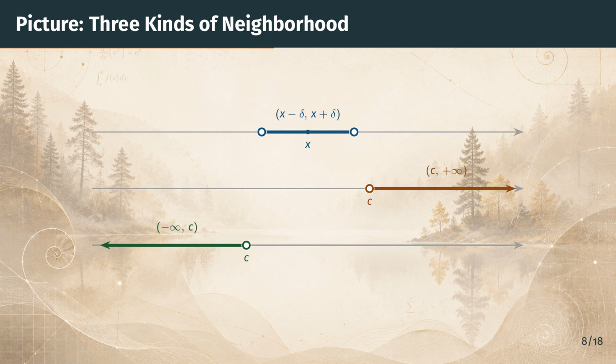On the bottom line, in green, is a neighborhood of minus infinity, a ray that starts just before c and runs off to the left forever. The bounded segment and the two unbounded rays now play exactly the same role, which is what lets us unify the definition of a limit.